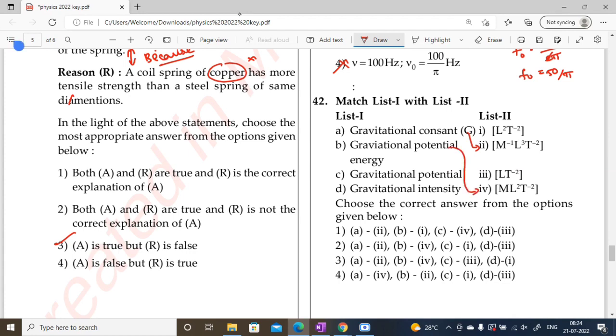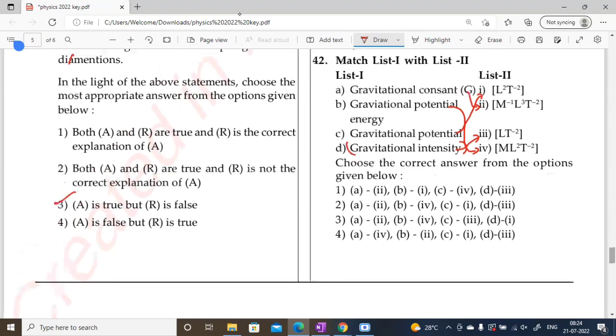And gravitational intensity, just now previously we solved a few minutes before. The gravitational field intensity is L T inverse, and gravitational potential is given by L square T power minus 2, right? So on correctly marking this, the answer will be the second option.